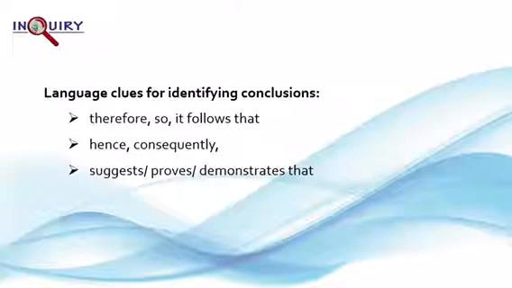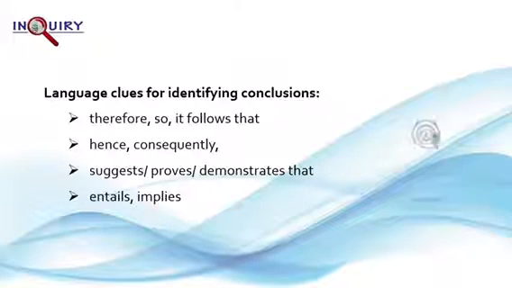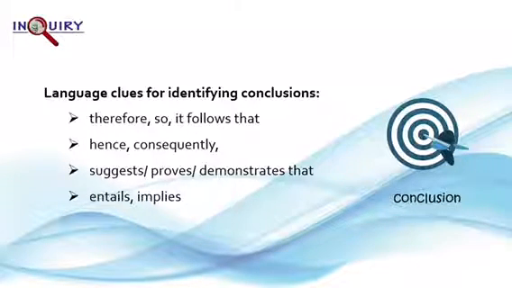For example, this study suggests that, and then you mention the conclusion. Entails, implies. Again, these are two language items or verbs that can be used in the argumentative composition.